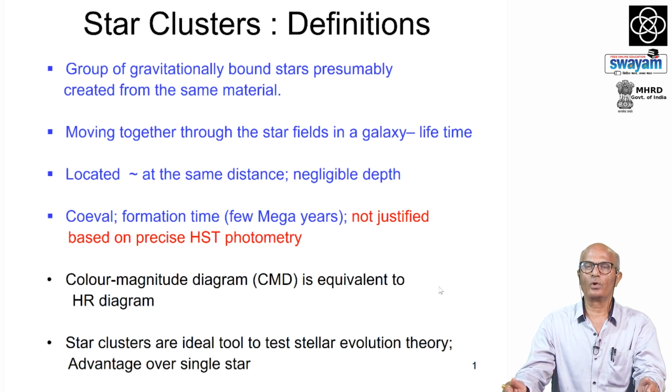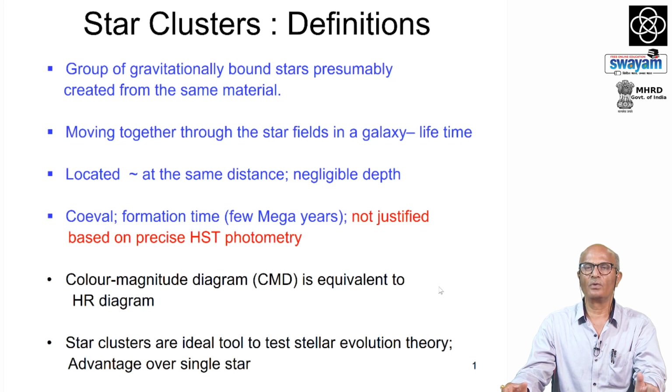Since they are located in the gravitational potential of a galaxy in which they are formed, they move together through the star field in a galaxy, and then they encounter various types of gravitational interaction with the galaxy and also stellar evolution and all those things, what we call dynamical evolution, and a combination of these things determines the lifetime of star clusters.